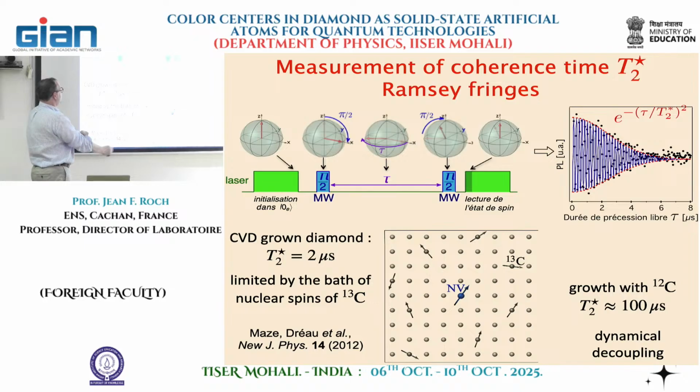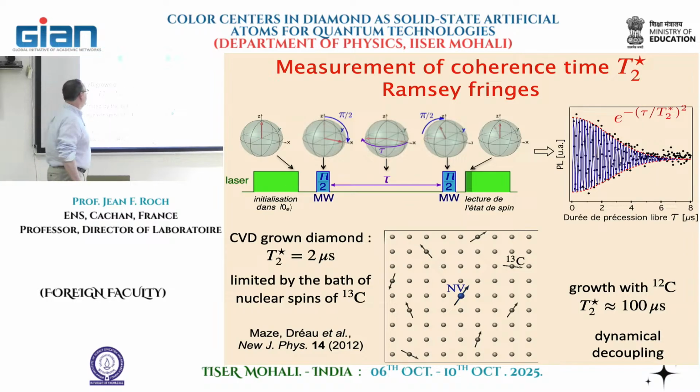And then we wait after this pi/2 pulse. This pi/2 pulse has put the Bloch vector, for instance, on the x-axis of the two-level system corresponding to this transition. Then this system will precess around the magnetic field that is used to specify the quantization axis and to remove the degeneracy between MS plus minus 1.